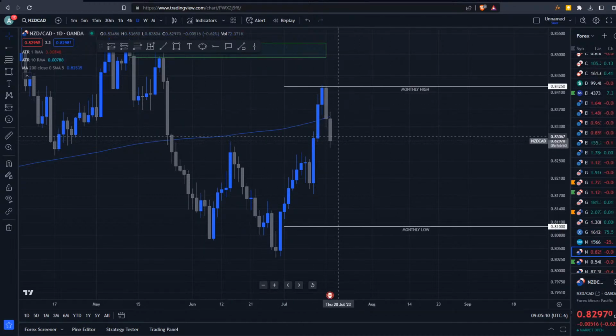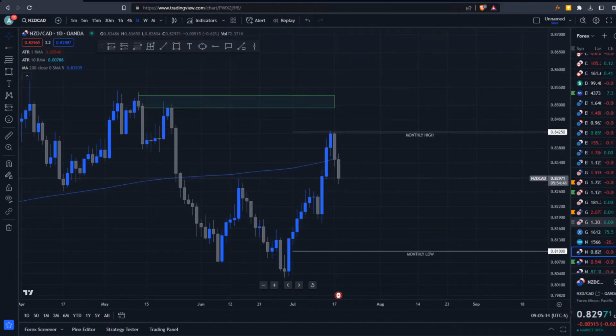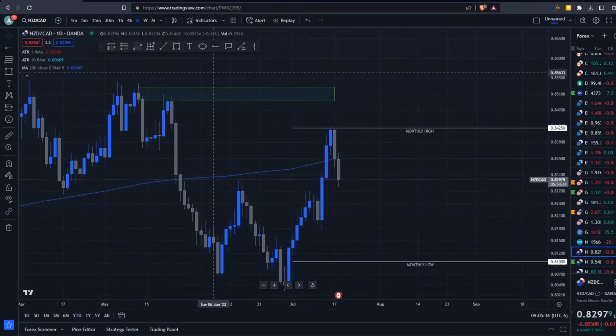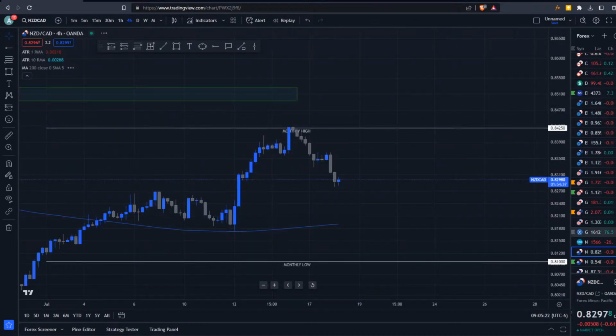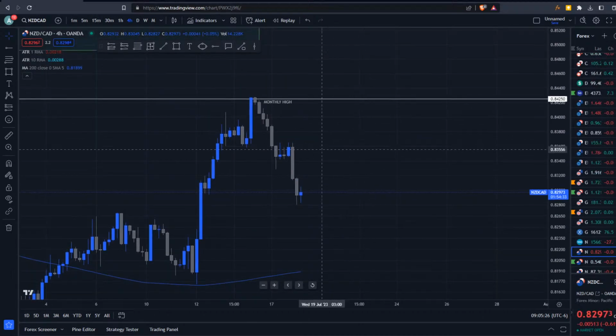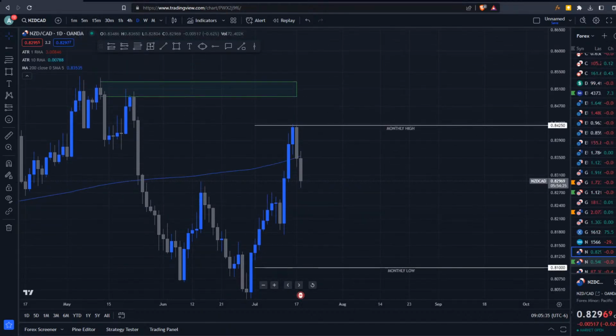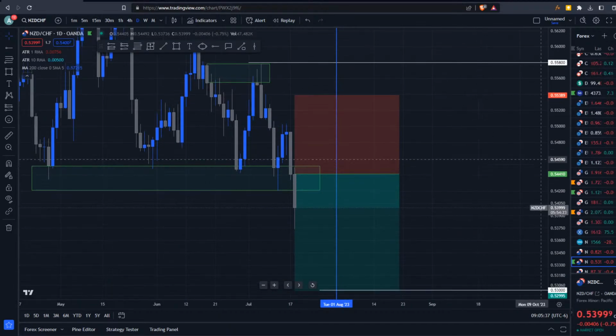Price is now bearish, below this moving average, so I would say if you're going to take an NZD CAD trade, it should be bearish, should be a short trade, but I don't really see a very good setup on it yet. Seems to have found resistance up here and now is heading lower, but I don't see a trade setup with that I would like to take.